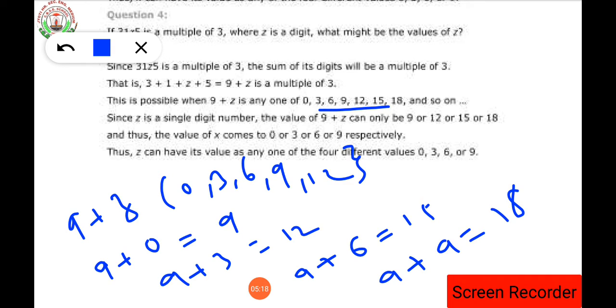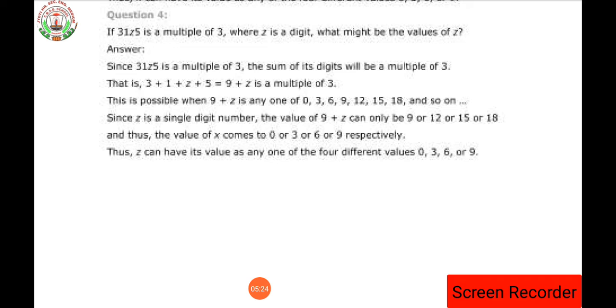Look here, 9 is divisible, 12 is divisible, 15 is divisible, 18 is divisible. That means every value is coming in the table of 3. Hence the value of z can be 0, 3, 6 or 9. In this way we will consider the values of z.